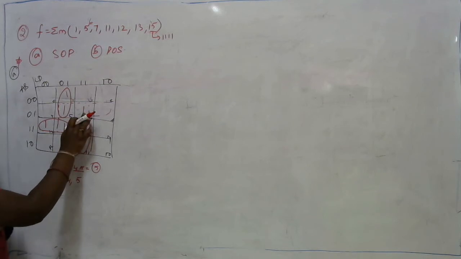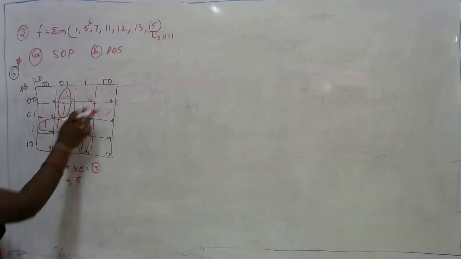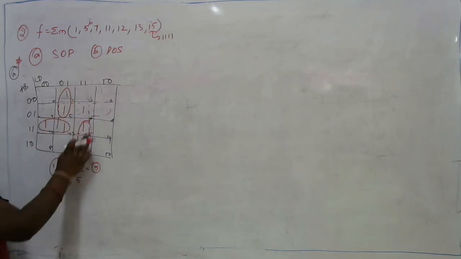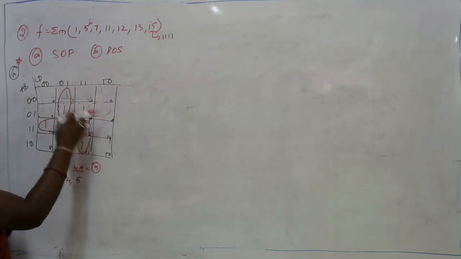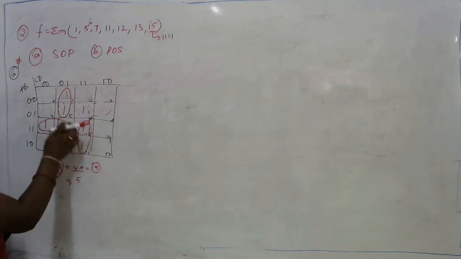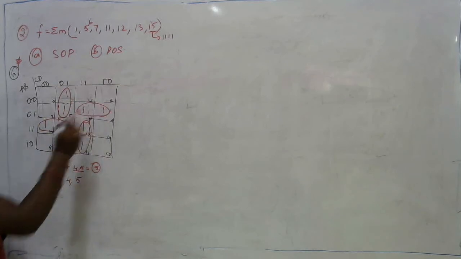So at this instant, instead of making use of an adjacency either with 15 or with 5, you can make it a quad. So first preference should be given to the quad, but once you have made the quad, if all the ones covered in the quad are again covered in adjacencies, at such an instance we need to remove the quad and perform only the adjacencies.